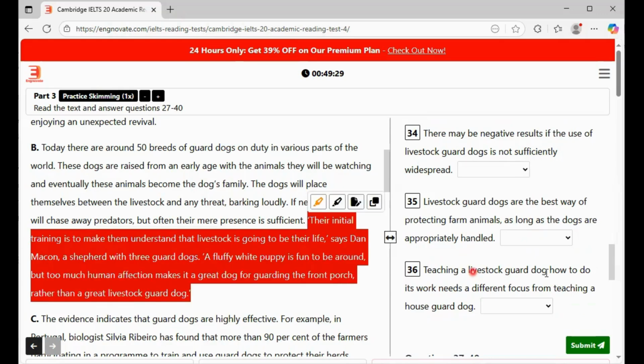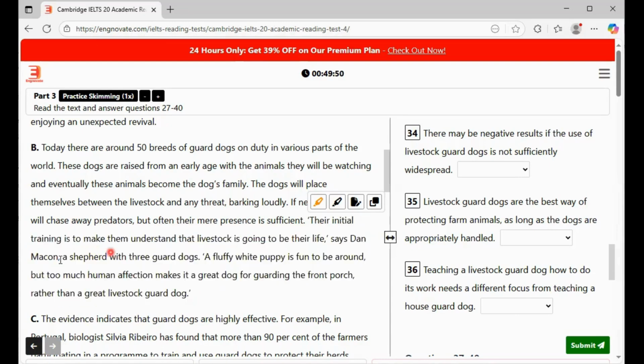This place is what I'm focusing on to decide on my answer. Teaching a livestock guard dog how to do his work. This is our answer, number 36. Teaching a livestock guard dog how to do its work needs a different focus from teaching a house guard dog. Look at it here. Dan says, a shepherd with 3 guard dogs. A fluffy white puppy is fun to be around, but too much human affection makes it a great dog for guarding the front porch.